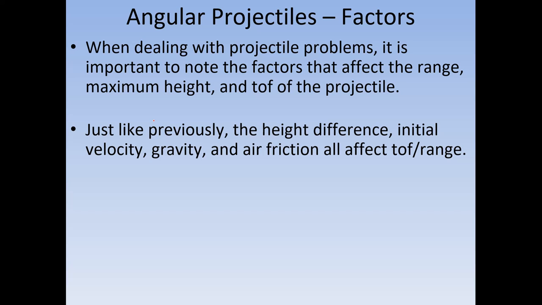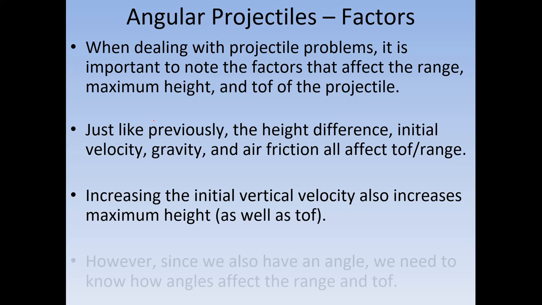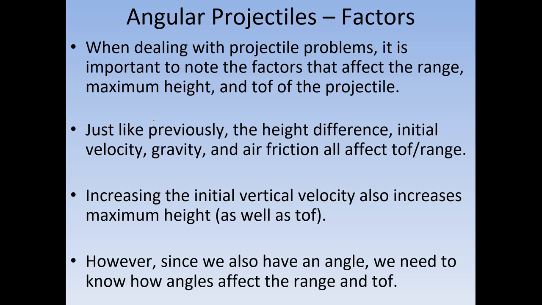But changing the initial position, changing the gravity that it's experiencing, the air friction, all these things will affect the time in the air and the range. And it's going to affect it in a very similar way, so we're not going to rehash that. Instead, we're going to focus more on the angle, the thing that's different about this from horizontal projectiles. So we need to know, how does angle affect range and time in the air?